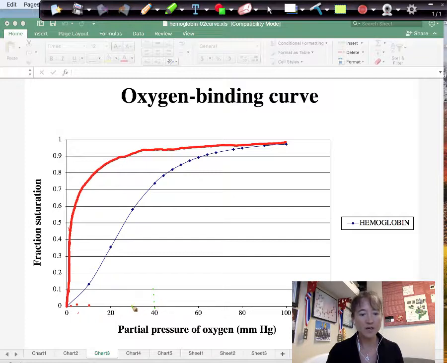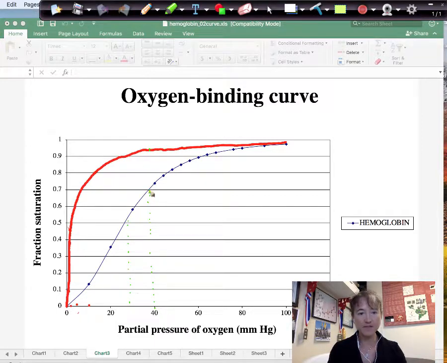So we're now starting to think about these regions here at the level of the tissue, where what we can see is that the difference between the fractional saturation of hemoglobin and that of myoglobin is very, very different. So said another way, when my blood gets to my tissues, the offloading of oxygen from hemoglobin to myoglobin is going to be favored.